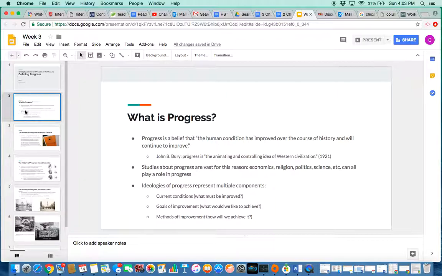So when we look at examples of display, we're going to see that progress is a narrative that tends to be used fairly often. This is a bit of a problematic way to look at the world, right? To say that we started at this lower point and we're always getting better, right? We're always advancing, right? That isn't necessarily historically accurate.